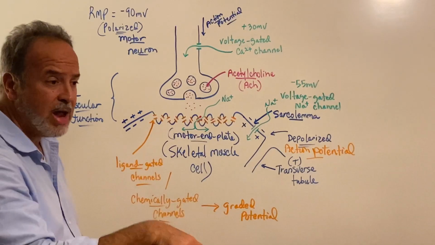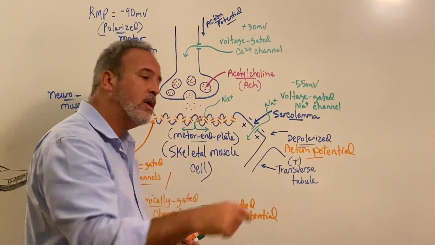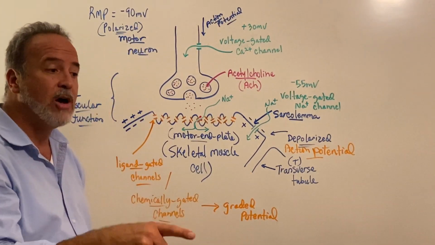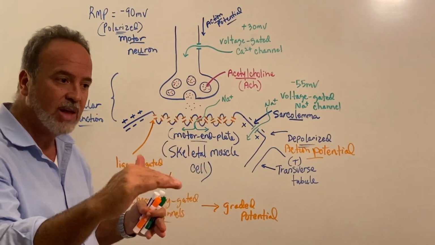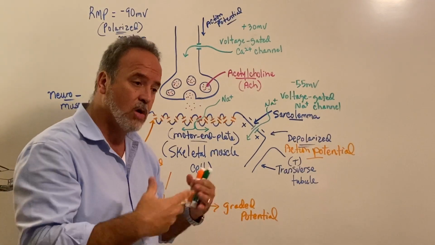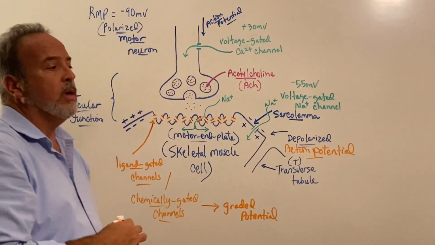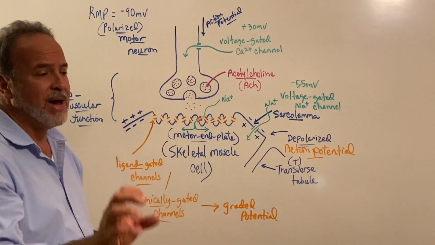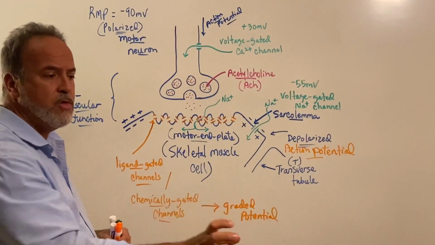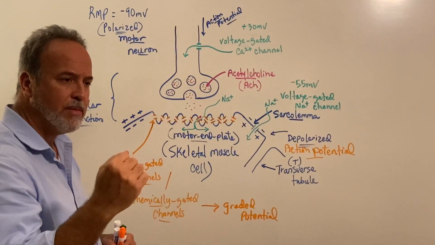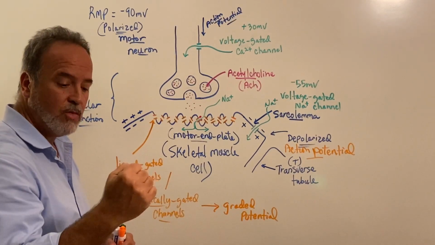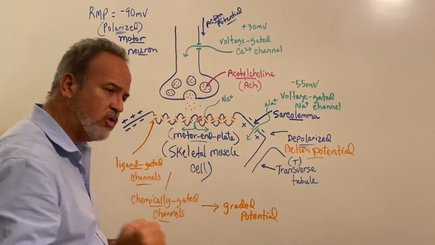Okay, and then after that, calcium binds to troponin. Troponin is also bound to tropomyosin. Tropomyosin is the molecule that covers the active site on the actin molecule. And so once calcium binds to troponin, tropomyosin is moved out of the way, the active site is exposed, and the head of the myosin filament, which has previously been energized, is going to bind.